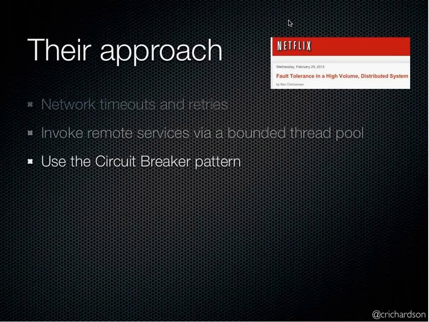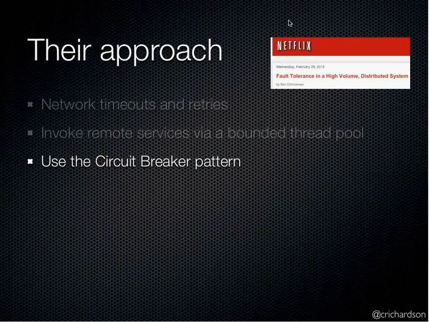And then they also use the circuit breaker pattern. And the idea here is that if the circuit breaker sees a number of requests to B fail, the circuit breaker trips, and for a certain amount of time, any attempts to call B will fail immediately. So that has the advantage that if B is down and is unresponsive, we're going to fail straight away.